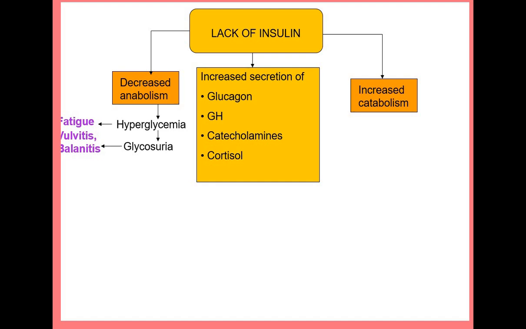But if blood sugar levels are more than 120 milligram per deciliter, then the extra amount of glucose which is filtered from the glomerular filtration, from the Bowman's capsule, cannot be reabsorbed, because the coupled transport of sodium and glucose definitely reaches a threshold.